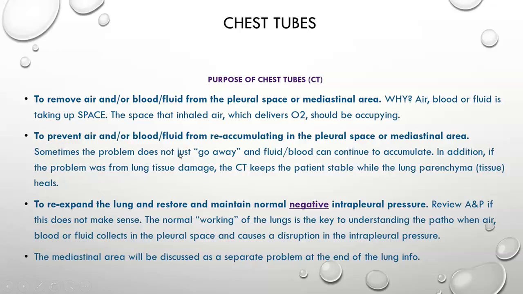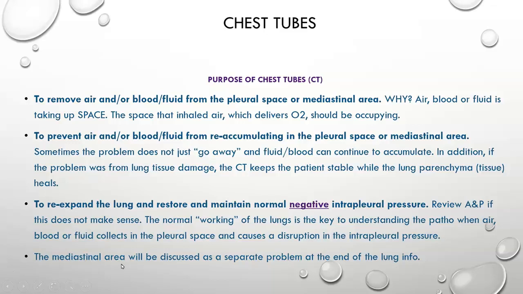And in addition, if the underlying problem was caused by lung tissue damage, then the chest tube will be there to keep the patient stable while the lung tissue, or parenchyma, heals. Again, that chest tube is there to remove the air, fluid, and blood that's not supposed to be there, and then reestablish that negative intrapleural pressure, which will allow the lung to reinflate and allow those pleural linings to become reattached. So again, this is very important.